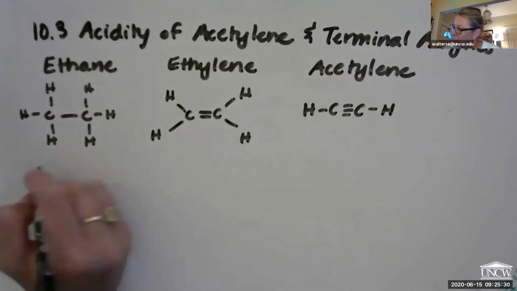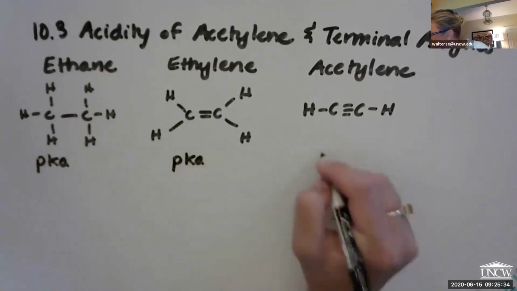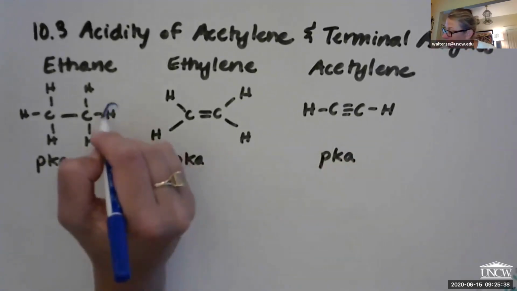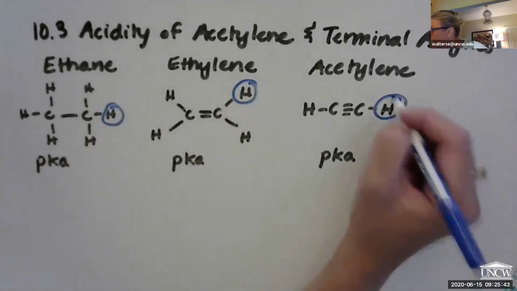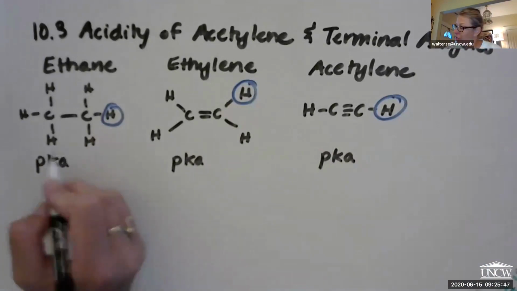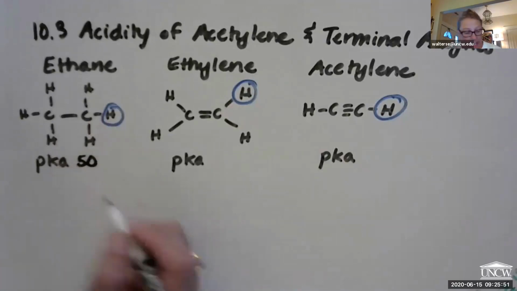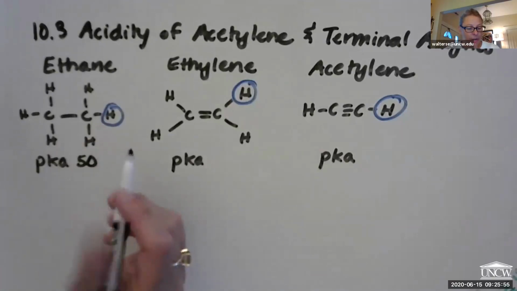So what we have then is a pKa for all of these species, and it's really just talking about if you lose one proton from each of the compounds. So the pKa of alkanes is around 50. Some of them can be higher, but it's about 50.